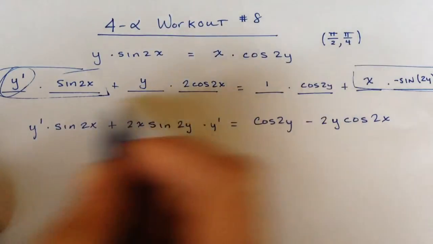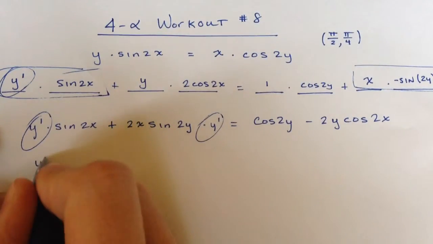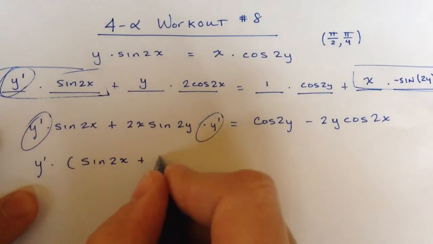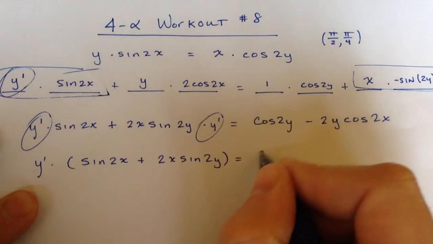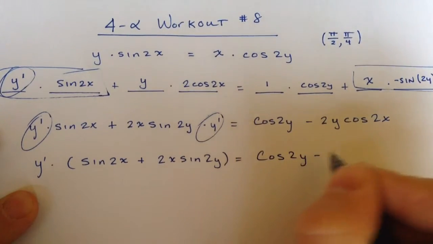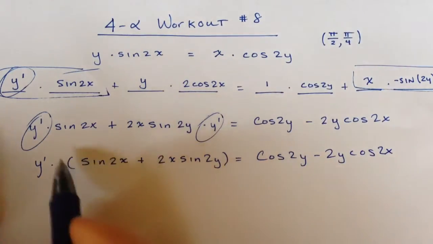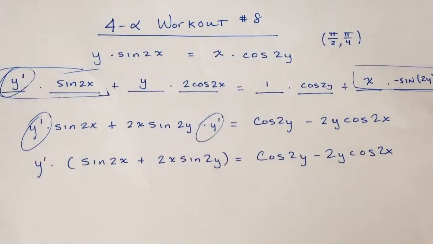So we now take this expression right here, and we have y prime in 2 places. We need to factor it out. And then we divide by this expression on both sides so that we can get the y prime by itself.